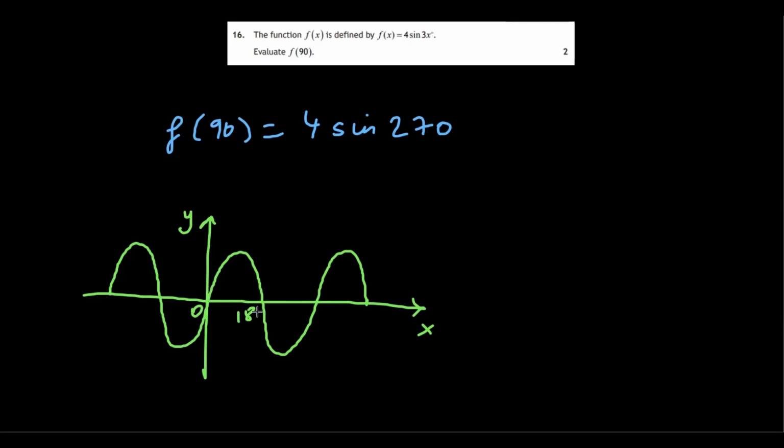This would be 180. This would be 360, and so on. So 270 is exactly halfway between 180 and 360. So you add 90 to get 270, and then you add another 90 to get 360. So 270 is exactly halfway between.